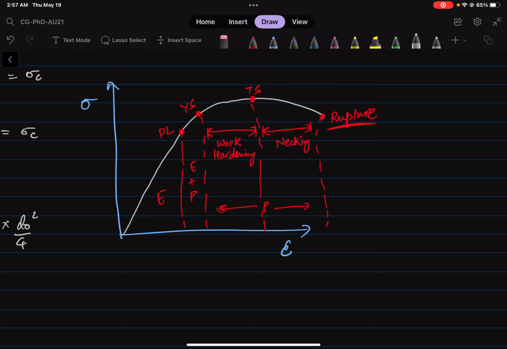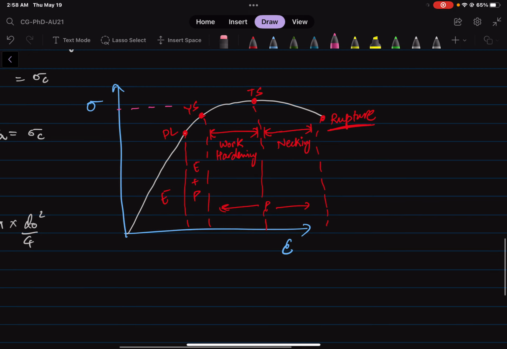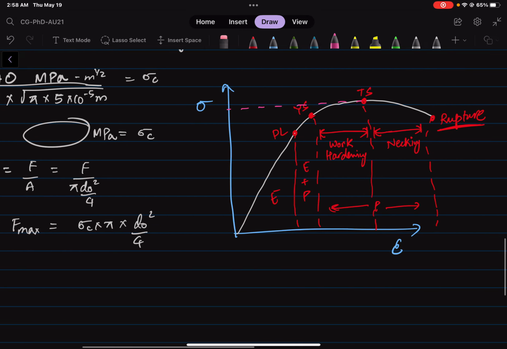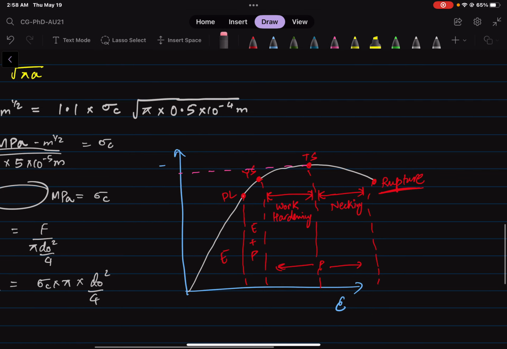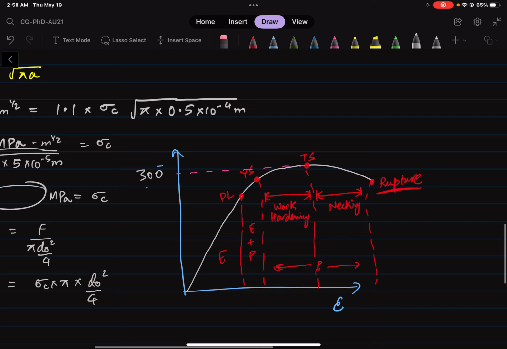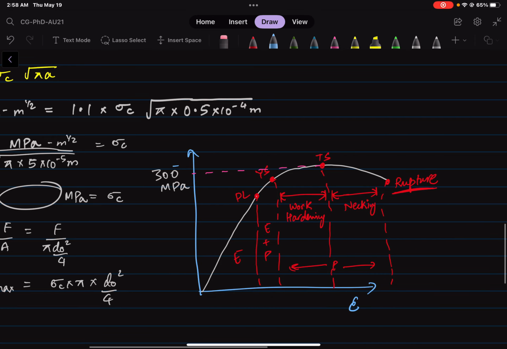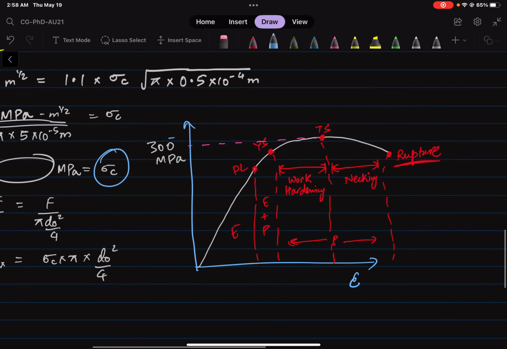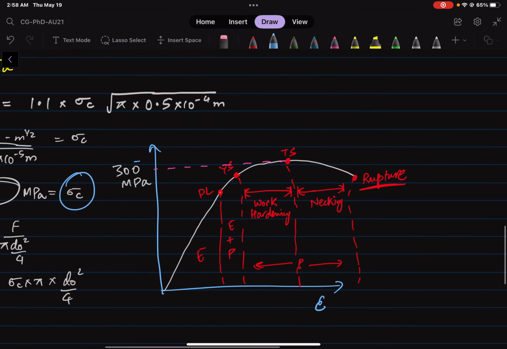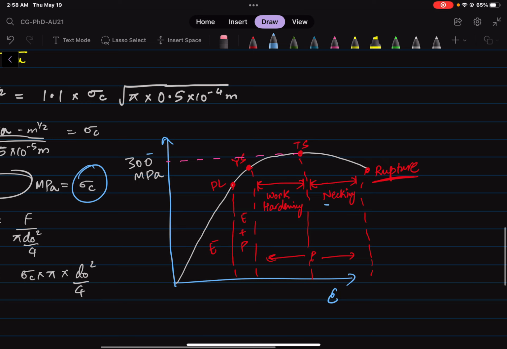So we have been given the tensile strength of our material, which is 400, I believe, 300. So this is given to us, 300 megapascals. And I have calculated my sigma c from here, right? So depending on the sigma c, you can calculate where the sigma c lies on this plot, and with that you can decide, is it necking or will it rupture?